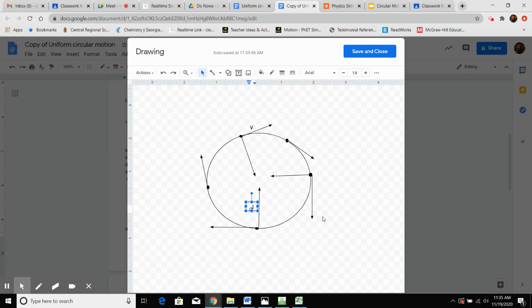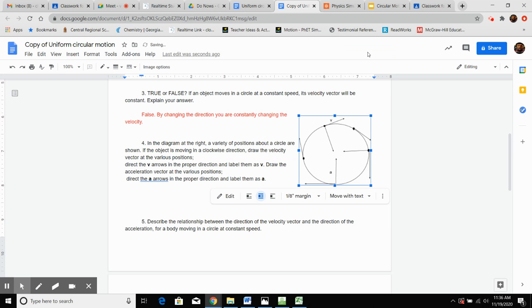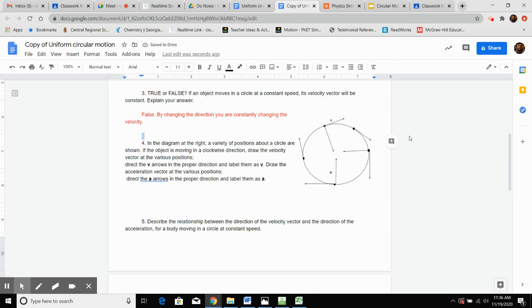And then there's our acceleration vectors. Once it looks like this, you can save and close. If you did it on a piece of paper, that's fine. You're just going to have to take a picture of it and attach it to this.